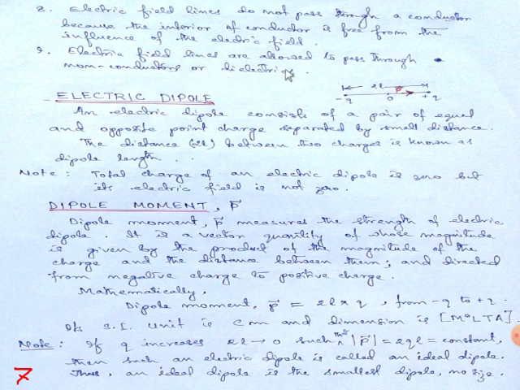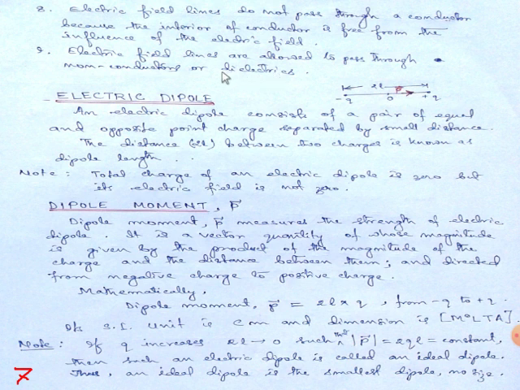And a dielectric is a special type of insulator where electric polarization can take place when it is placed inside the field. So that material we call a dielectric. I'm repeating again, a dielectric is an insulator which can produce polarization when it is placed inside an electric field.